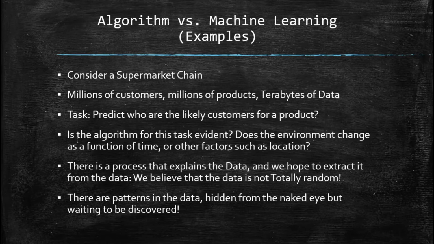So again, the first question: is the algorithm for this task evident? No, it's not, because the environment changes as a function of time. It's not constant. People change, products change, the market changes, competitions change, and there are other factors in this whole story as well.